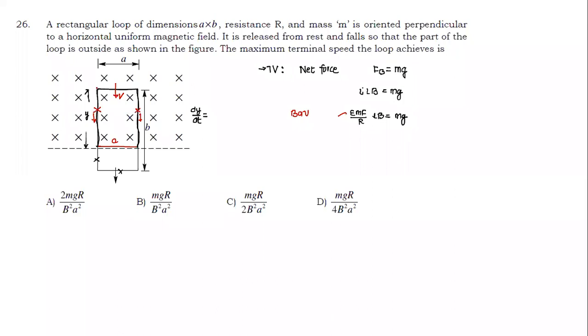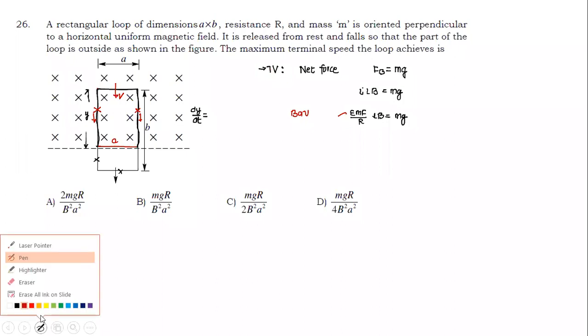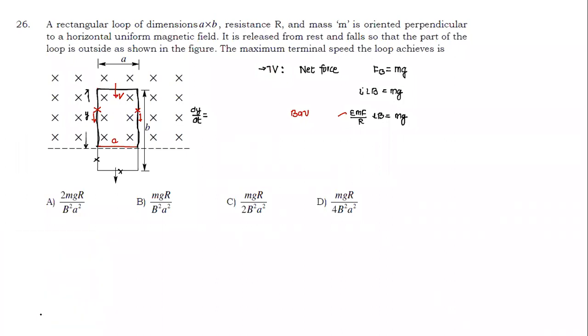EMF is being induced only along this part of the conductor. Any way you solve, we can easily get an answer. We substitute the EMF and we get the answer. But I thought all of you should know, first, what terminal velocity means, and second, all 3 ways we can think of finding EMF.